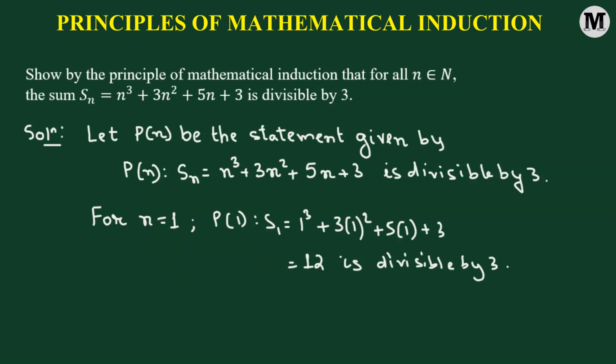Now if it is true for n equals 1, we will make an assumption here. We'll suppose that P of m is also true. So this is an assumption that we are making.